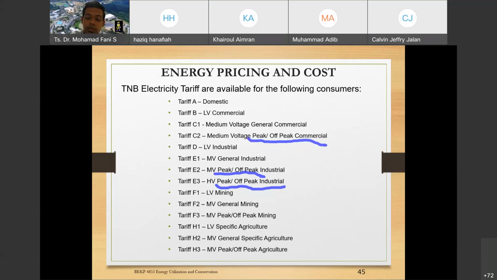They call it load shifting, to shift the load from the peak to the off-peak period. So the consumer gets to lower down the electricity cost, and TMB, as well as the power generation, will mitigate the stress of the power generation during the peak hour.